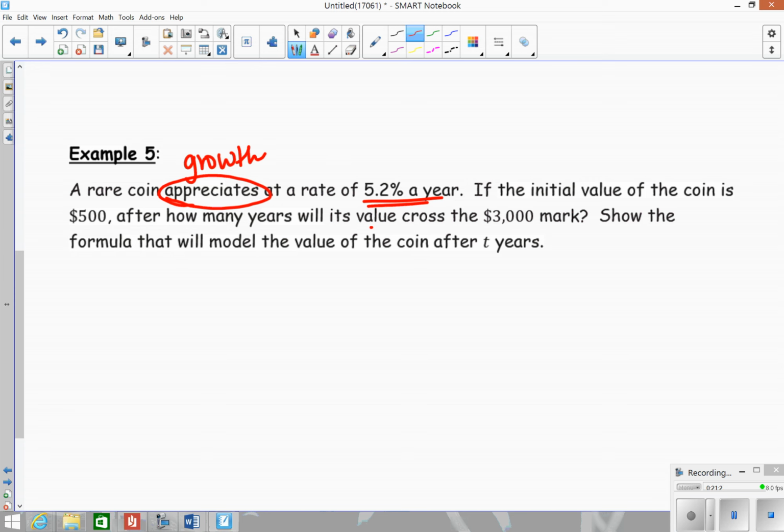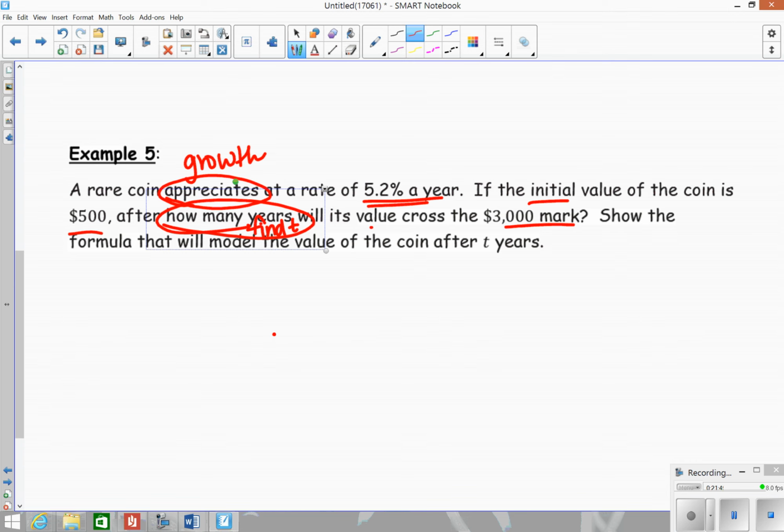If the initial value of the coin is $500, so there's our initial, after how many years, so that means you're trying to find time, will its value cross the 3,000 mark? So basically we want to know, when will it at least be $3,000?